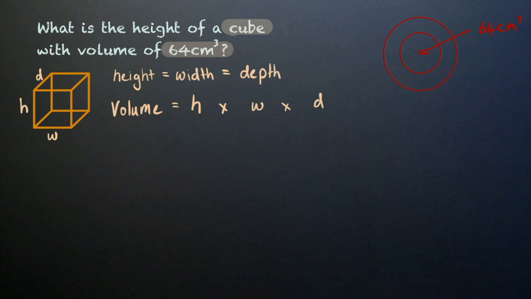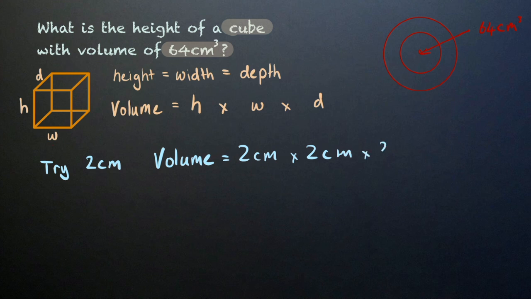Let's try the number, let's say 2 centimeters. If the height, the width and the depth was 2 centimeters, our volume would be equal to 2 centimeters times 2 centimeters times 2 centimeters. We know 2 times 2 is going to be 4, and times 2 again is going to be 8.